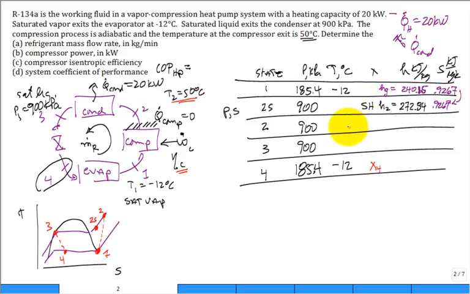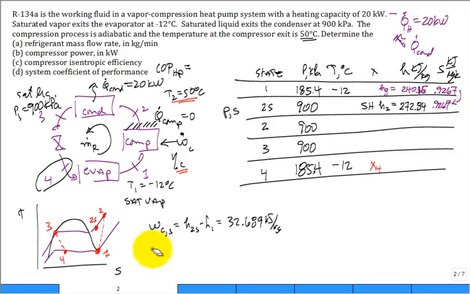Now we calculate the minimum work for the compressor. The work of the compressor, if it was isentropic, will be h2S minus h1, which comes in at 32.689 kilojoules per kilogram. We have the isentropic efficiency of the compressor.